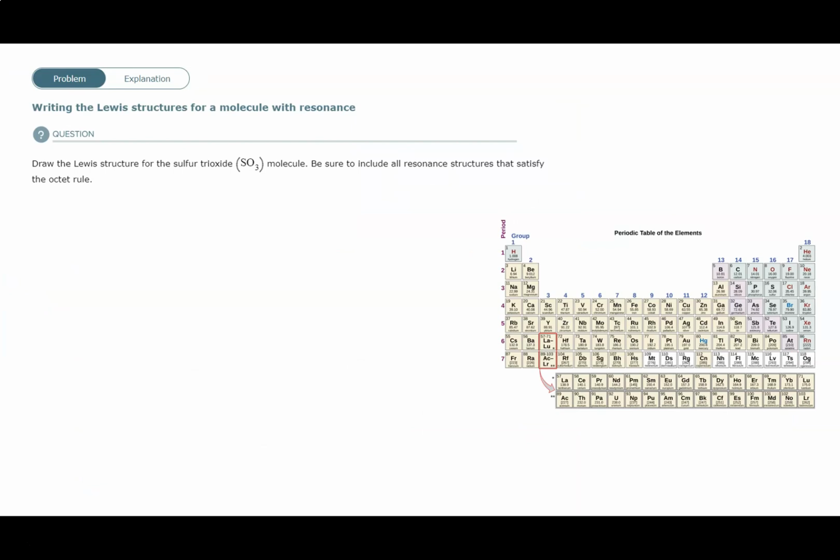Here's another one. It says, draw the Lewis structure for the sulfur trioxide molecule. Be sure to include all resonance structures that satisfy the octet rule. So sulfur is over here and oxygen is over here. They're both in group 6A. So 6 electrons for the sulfur and then 3 times 6 electrons for the oxygen gives me a total of 24 electrons.